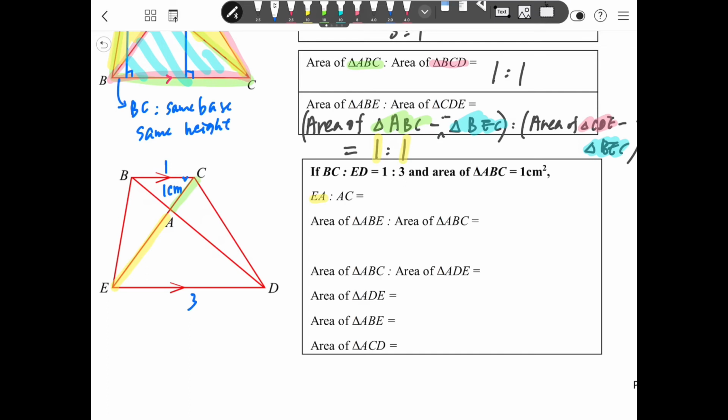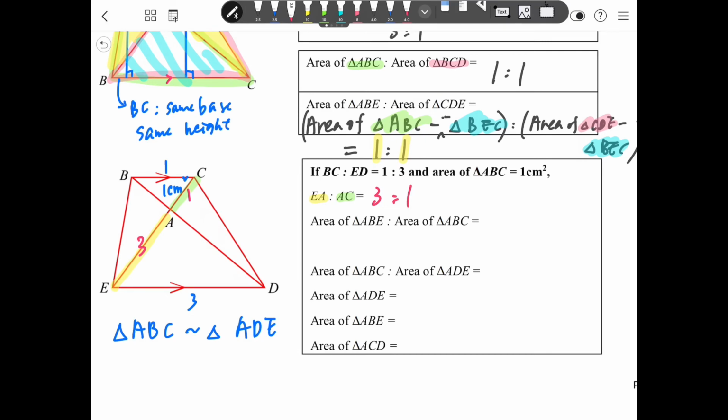So we see similar triangles. Triangle ABC actually is similar to triangle ADE, and their lengths would be 1 to 3 as well. So that's why you can see this one would be also 3 and this one would be also 1. So that's why it's 3:1.